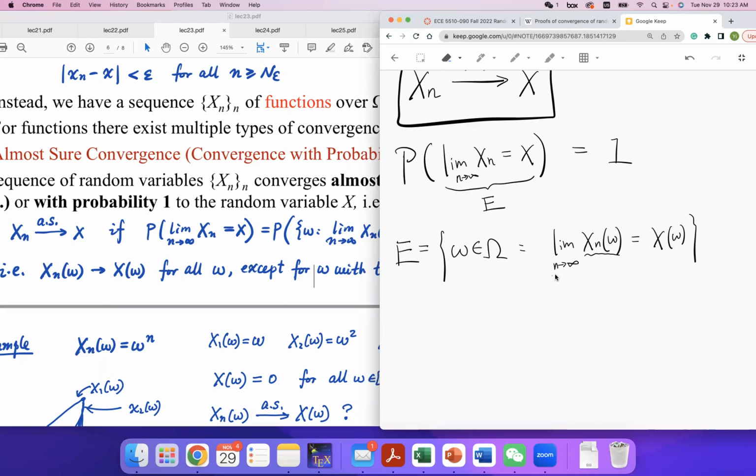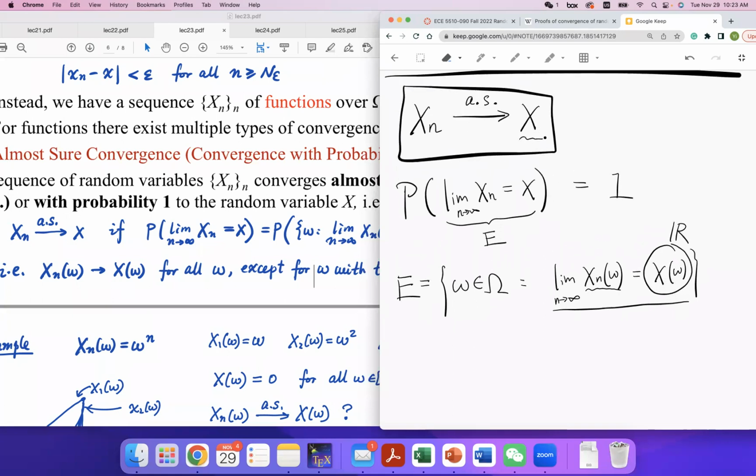Basically, if you look at this limit, it is well defined because x omega is a real number. This target random variable x maps omega to a real number. And the left-hand side is a sequence of numbers, xn omega. Each xn will map omega to a number, small xn. So this is a sequence of real numbers.